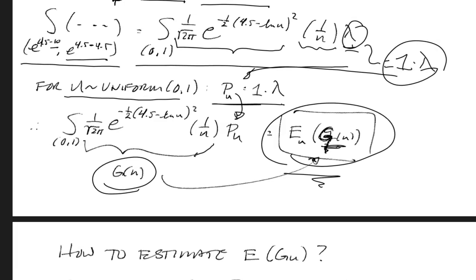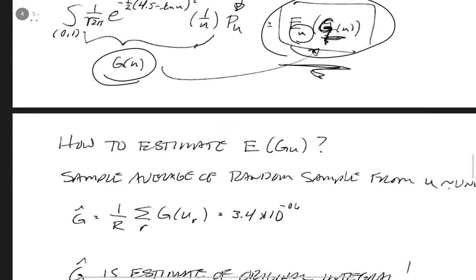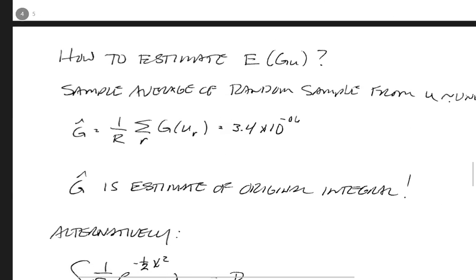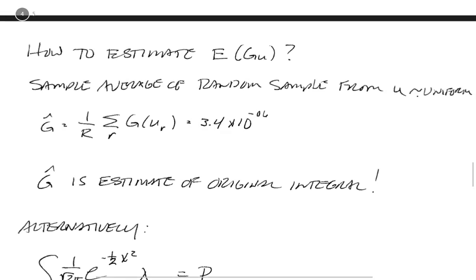That will be the basis for Monte Carlo integration, even when what we're originally integrating is not at all related to any concepts of probability. But the concept of expected value under the unit interval will become key to getting numeric estimates of integrals, even if the integral itself is not motivated by any sense of probability.